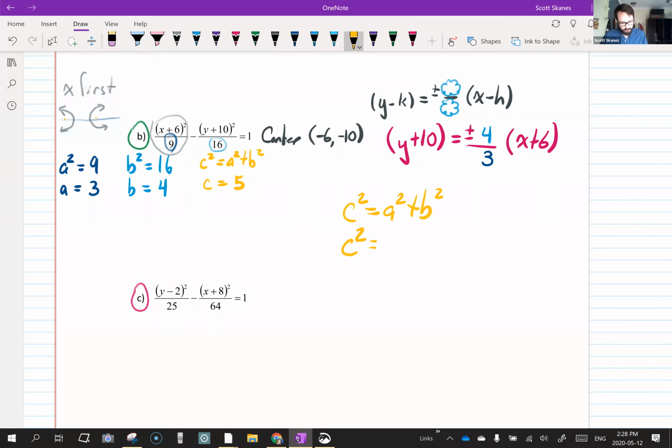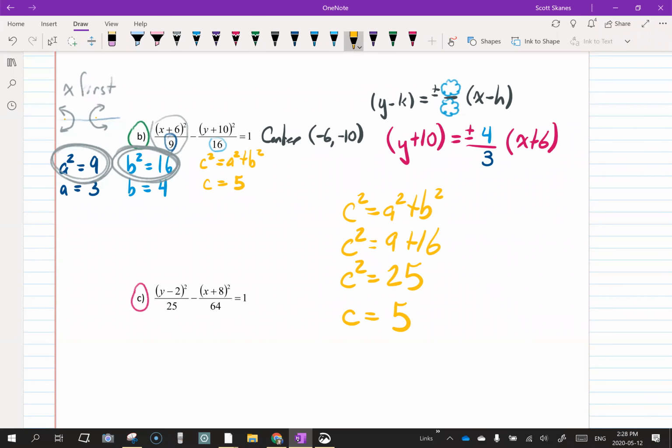That means our a squared is this one, b squared this one. So 9 plus 16, and c squared is 25. And c is 5. Okay, thank you. I'm just going to erase that because I don't really need all that extra stuff there.